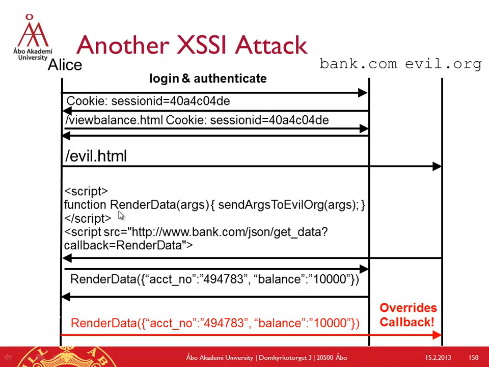The script for the callback function render data will be changed, and the script may send some sensitive data to our evil user. So the request will be submitted to the bank, and the bank will reply to this evil HTML page, and the script will be invoked, and this sensitive data will be submitted to the attacker.